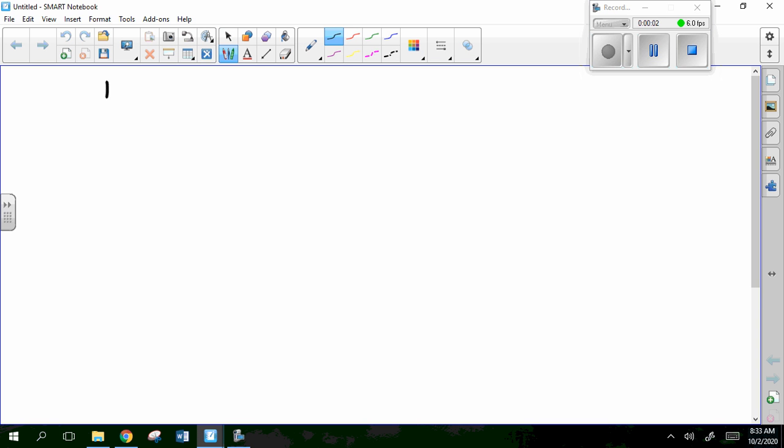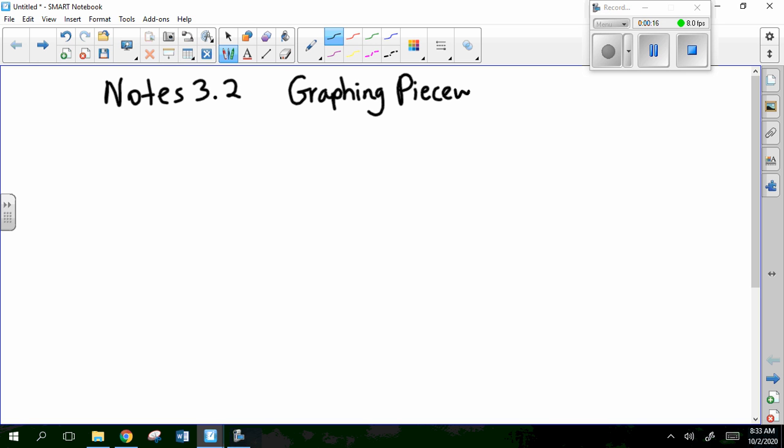All right, so we are looking at notes 3.2 if you are keeping track. And eventually we are going to get to the graphing of piecewise functions, but we are also going to be finding domain and range.